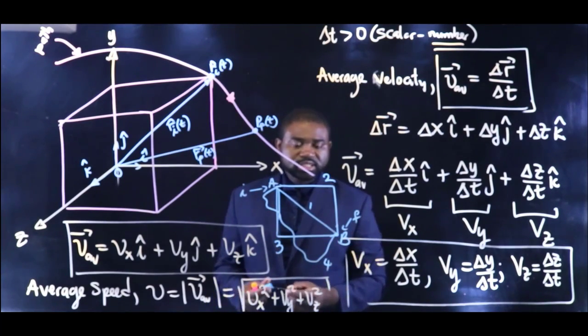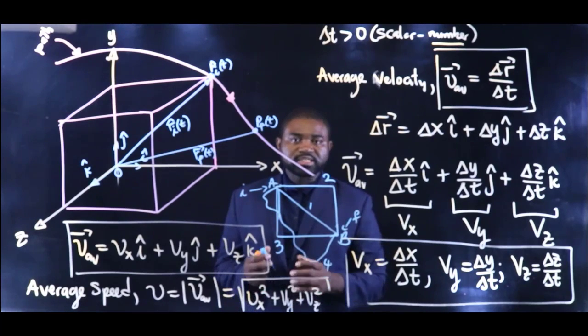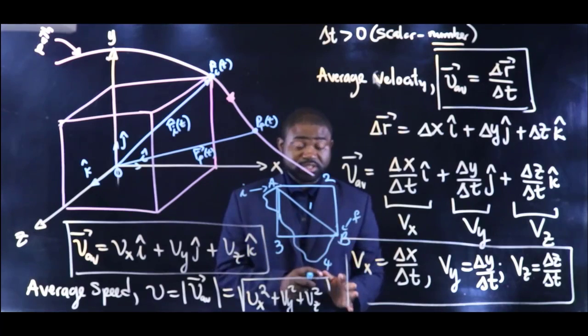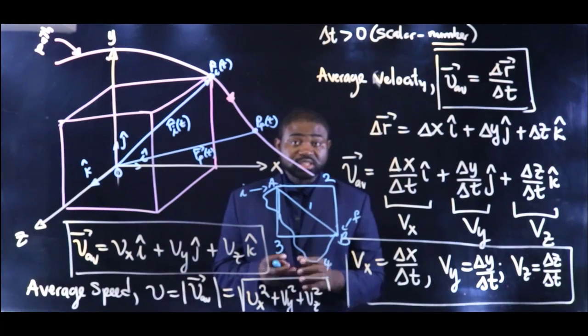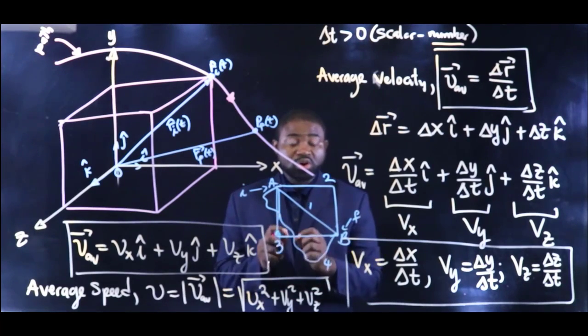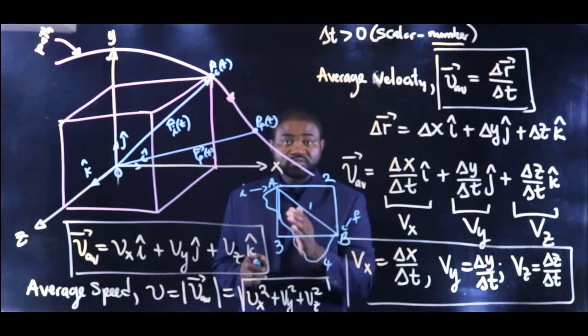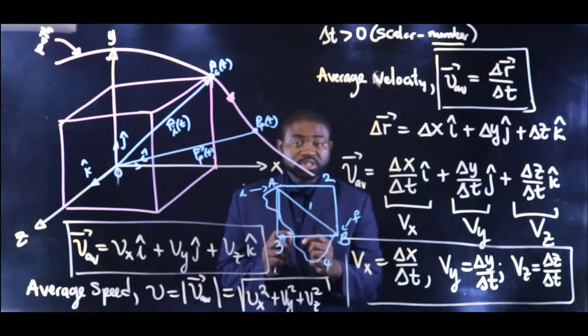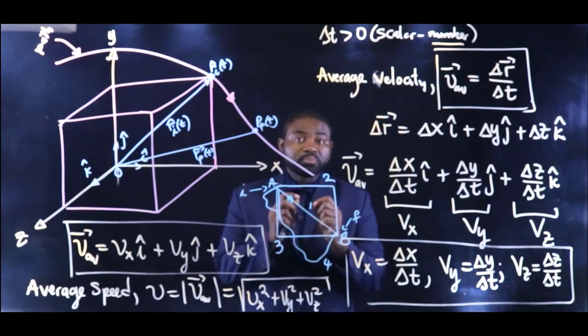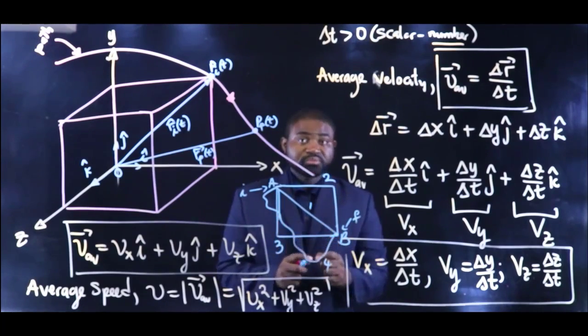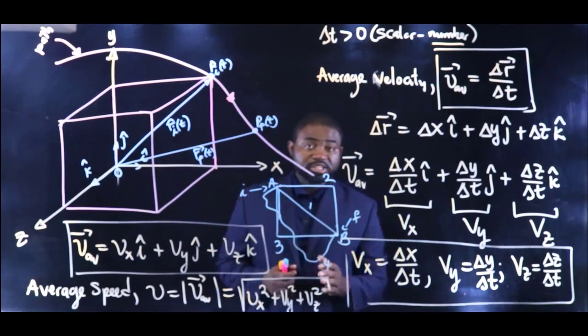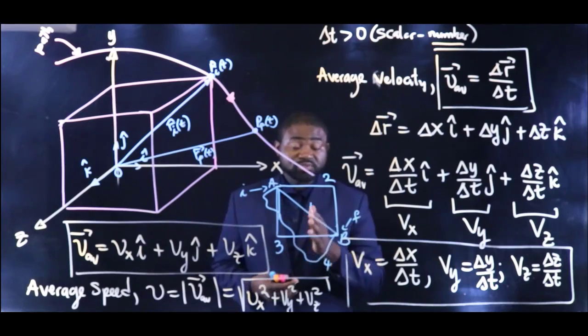So this is a very good example that explains the difference between distance and displacement. Distance is the length of path covered between the initial and the final point, and it actually depends on the path that you take.